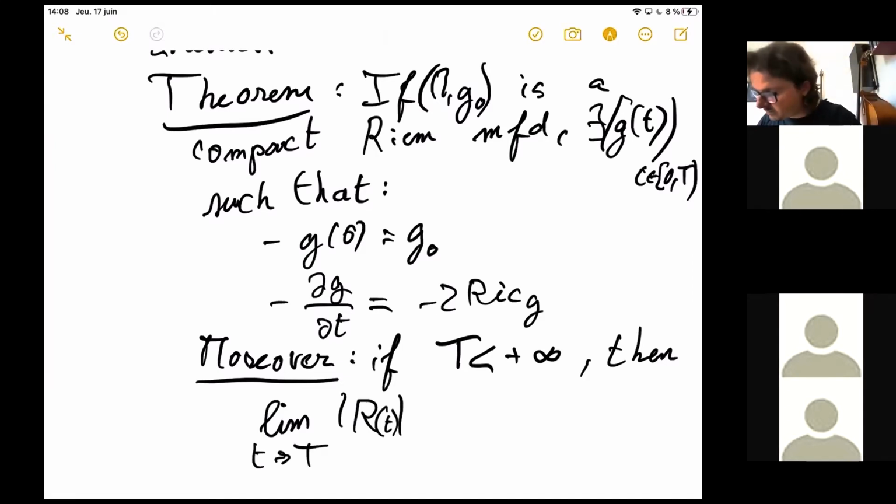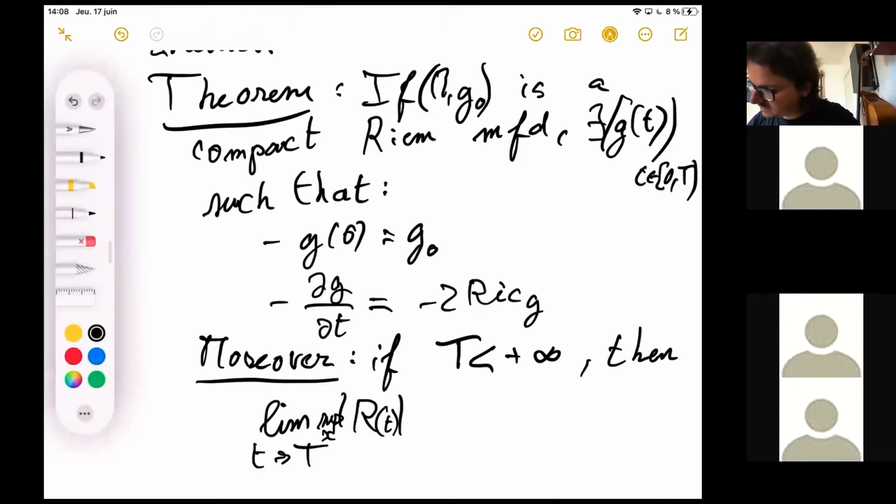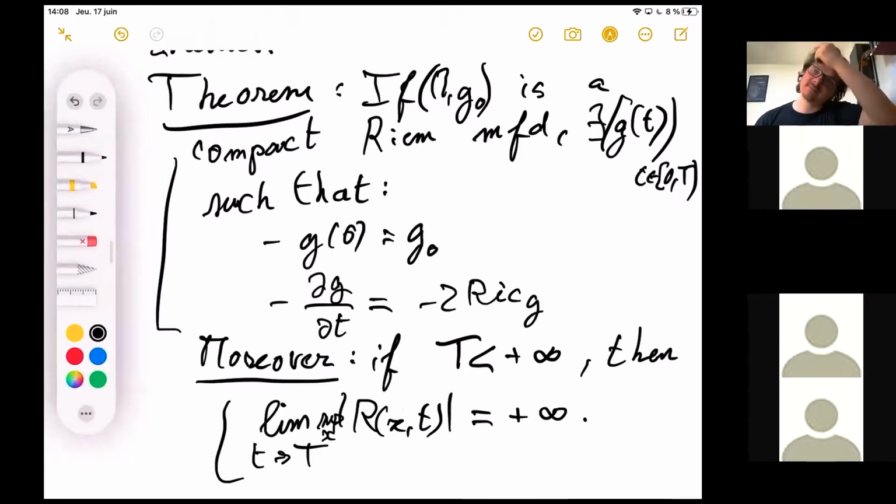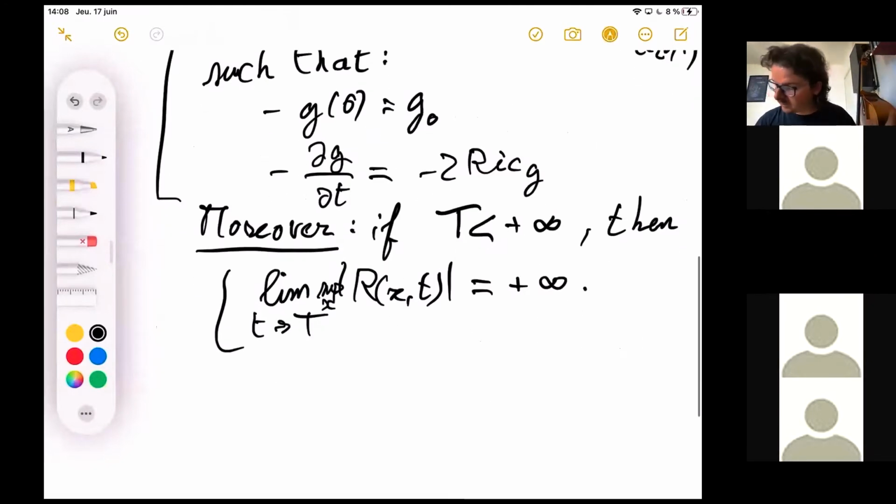I should take a supremum in space, because we have a space and a time variable here, so I need to be a little careful. So if the solution is not defined for all future times, there must be points where the curvature blows up.